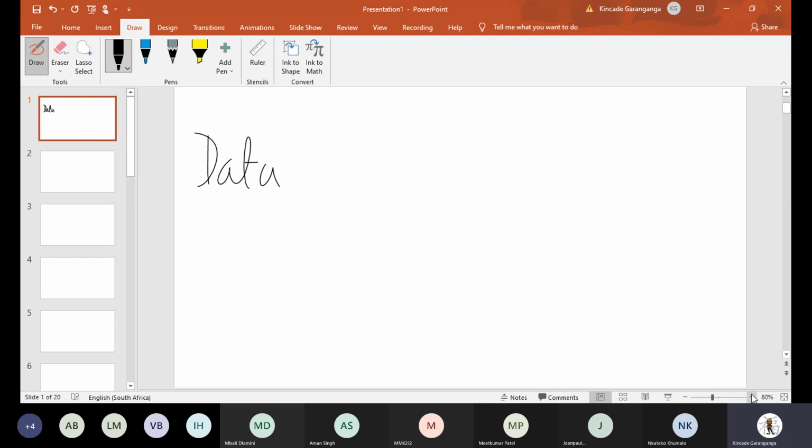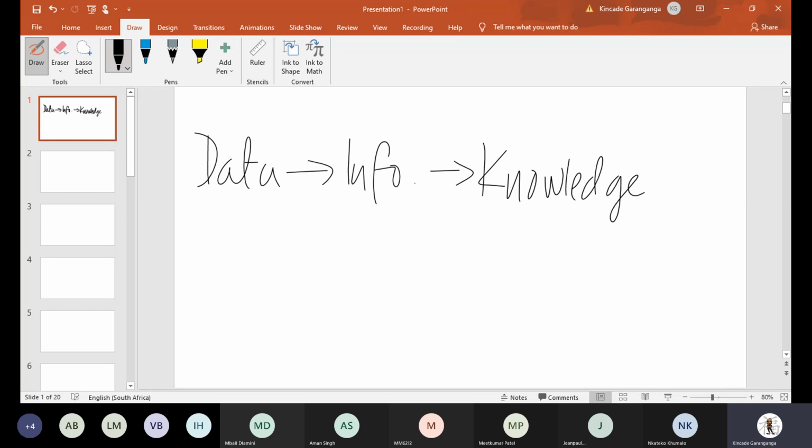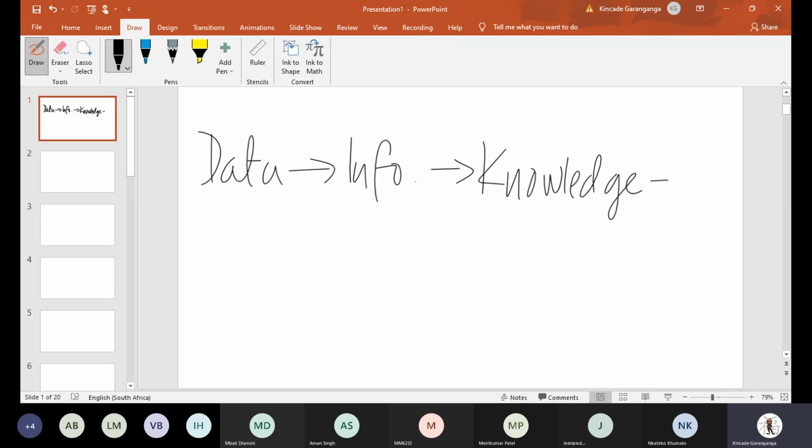So data, raw facts and figures, when processed, gives you meaningful substance, which is information. And once you use that information, you become knowledgeable. So you get knowledge, and when you use that knowledge, you can make appropriate decisions.